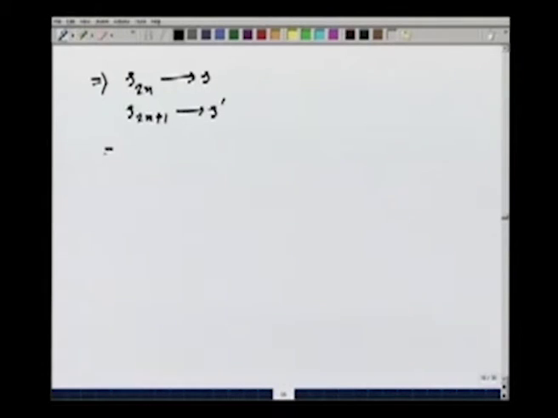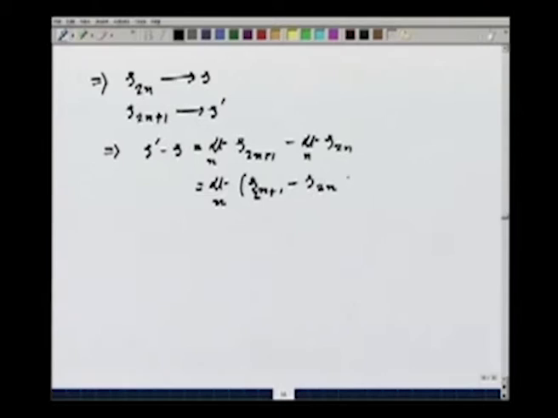Now if I look at s prime minus s, that is limit n of S2n plus 1 minus limit n of S2n, which is the same as limit n of S2n plus 1 minus S2n, that is limit n of a to n plus 1.